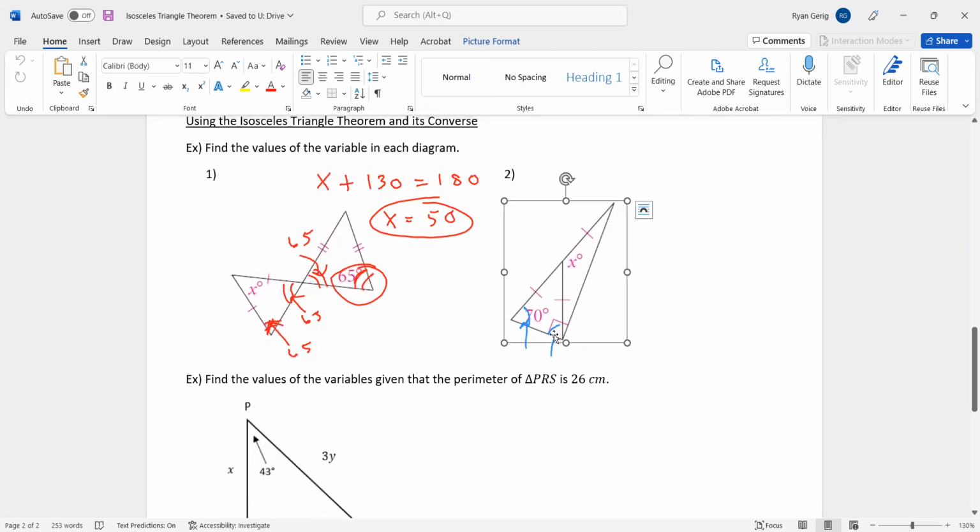That one right there is also 70. Which means this angle up here is, we'll call it y. 70 plus 70 is 140. And I get y equals 40.